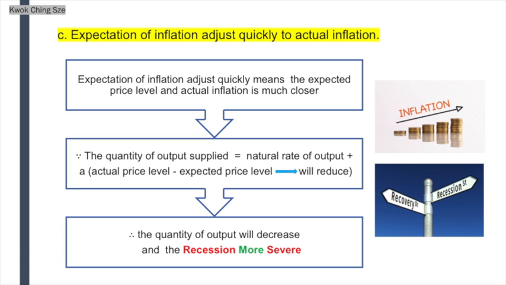Because the actual price level is closer to the expected price level, the number in the bracket will decrease, and therefore the quantity of output will decrease more and the recession will be more severe.